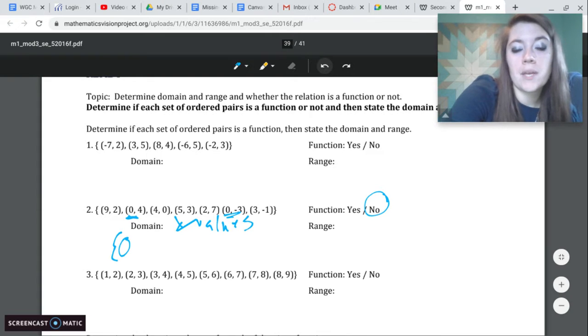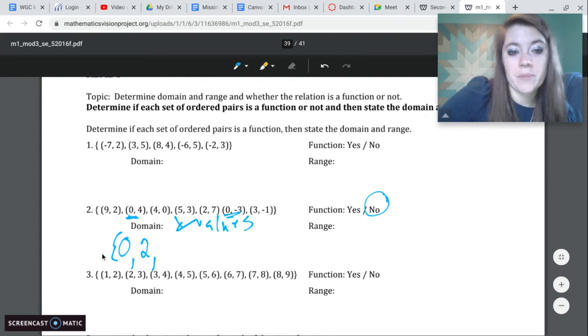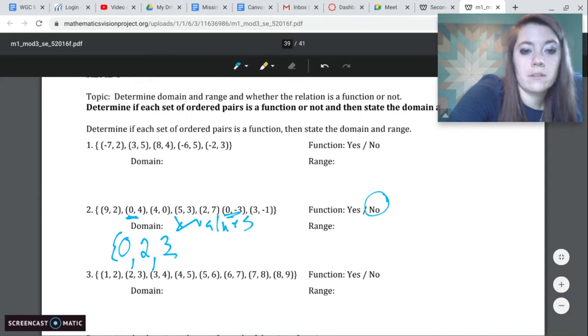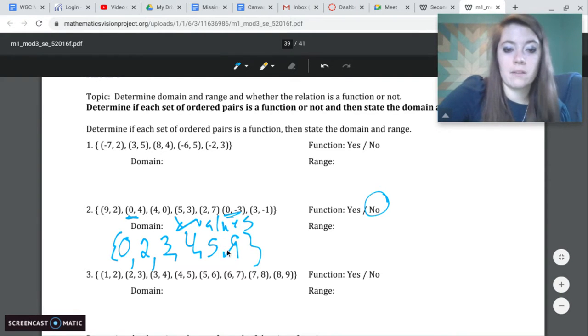Typically, we want to have them in numerical order. It's not necessarily required, but we do tend to like to have them in numerical order. So we got the 0, we got the 2, next is 3, then we have 4, then we have 5, then we have 9.